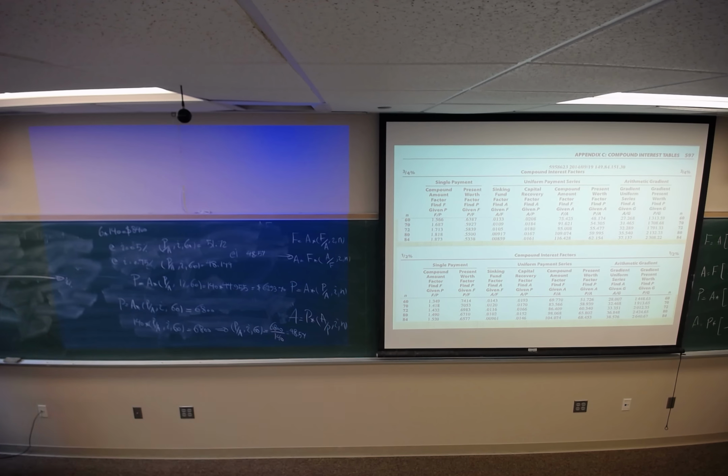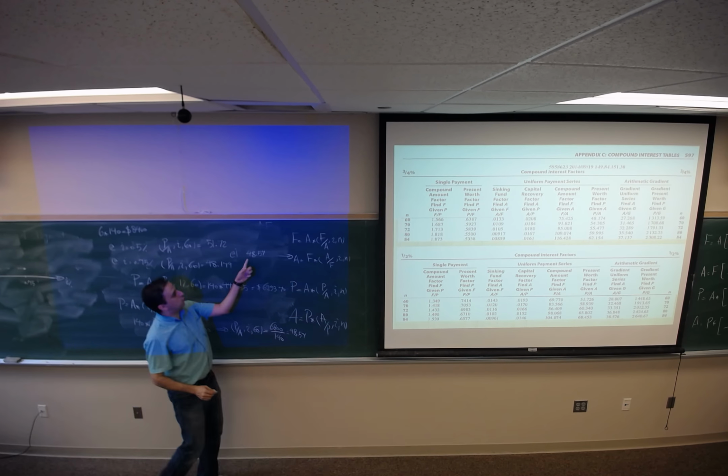Suppose it's going to be somewhere here. At 0.75, the P over A is 48.174. These two.